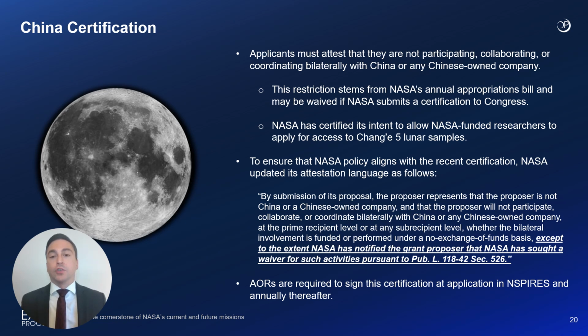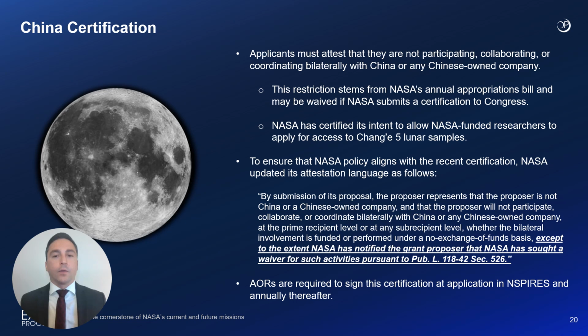And NASA has done just that so that NASA-funded researchers may apply for access to China's Chang'e 5 lunar samples. Given that some NASA-funded researchers may cooperate bilaterally with China to obtain these lunar samples, we have had to revise our certification language to reflect this exemption.